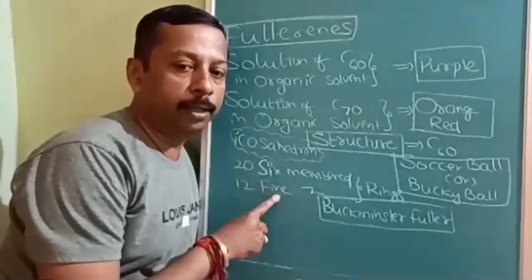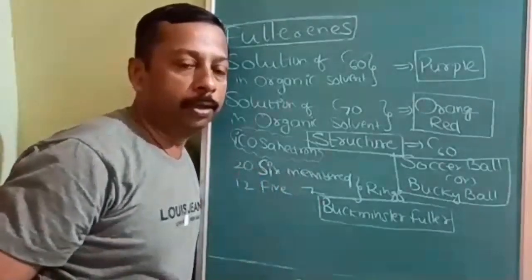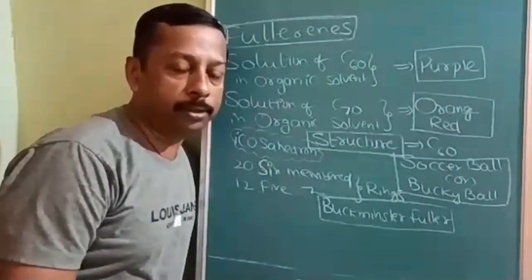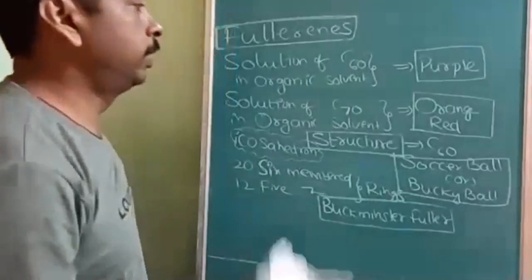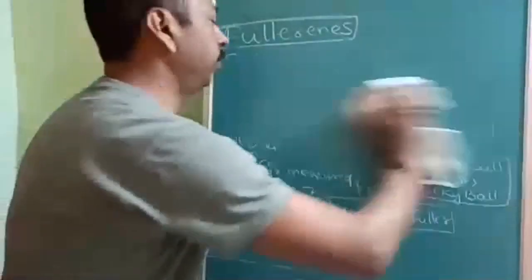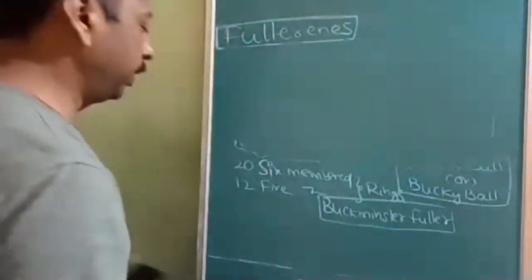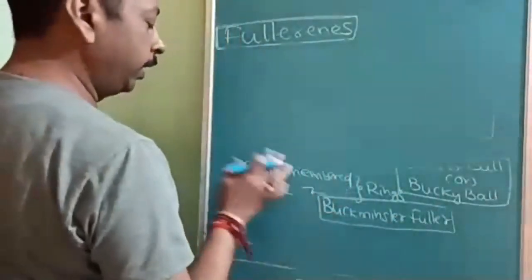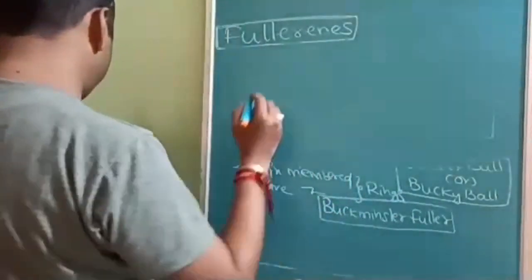After a five-membered ring, it must be one of the six-membered rings, to avoid the dangling bonds. Write down that very important word, dangling bonds. To avoid the dangling bonds, two six-membered rings can be together, but two five-membered rings cannot be together.